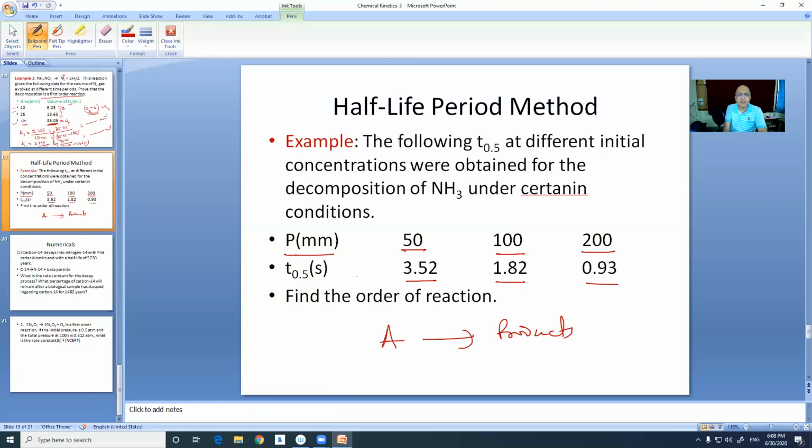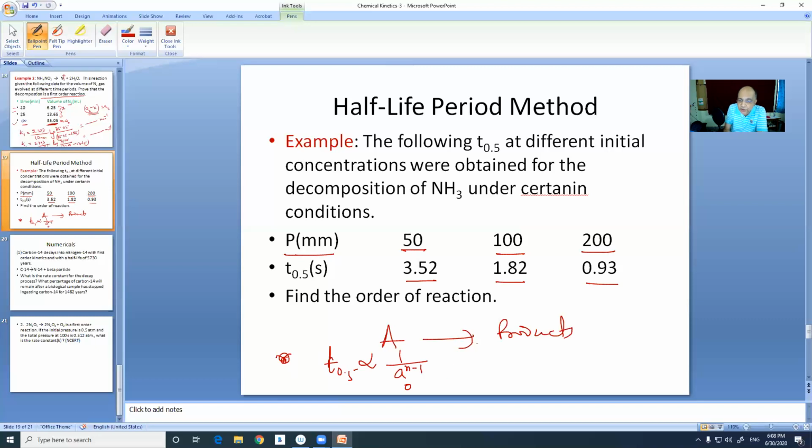Let us use the formula method. We have already discussed that half-life period is inversely proportional to the initial concentration to the power n minus 1.